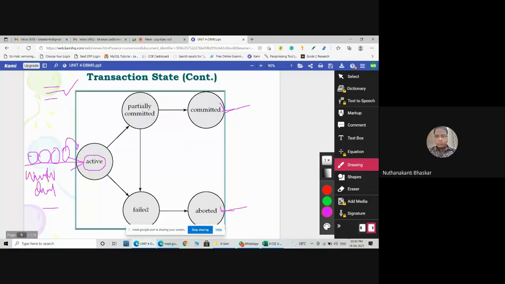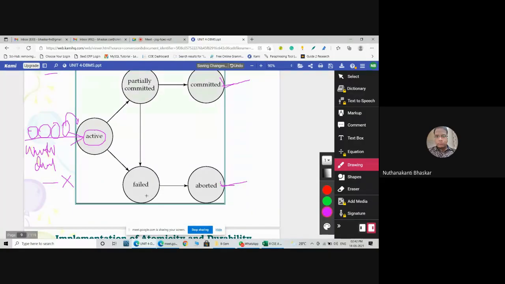I entered not my ATM card but another card. Now the transaction is moved from active to partially committed state, and it will be moved from the partially committed state to the failed state.